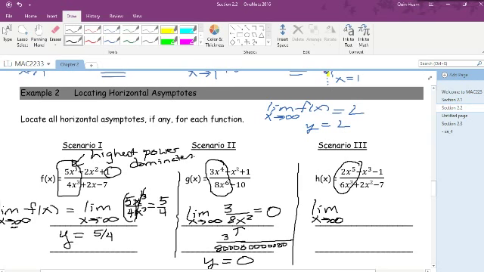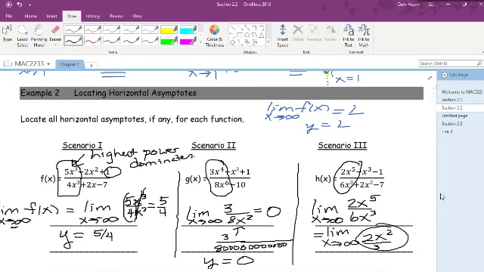Now, what do you think is going to happen in scenario 3 where we have a higher degree in the numerator than in the denominator? So what's going to happen is it's going to behave at the ends as we approach infinity just like 2x to the 5th over 6x cubed. But we can cancel that, and this is the limit as x goes to infinity of 2x squared over 3. Well, what does 2x squared over 3 look like?